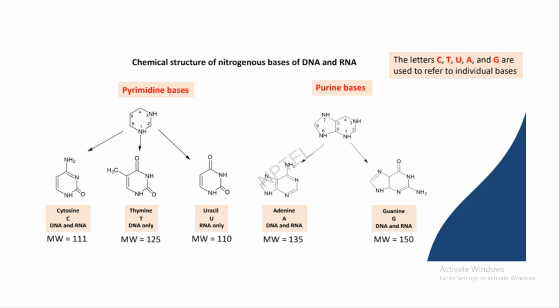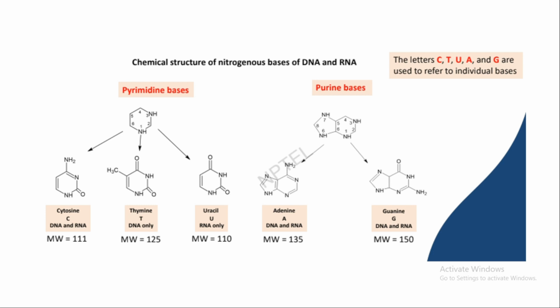So these are the structures of different nitrogenous bases. These nitrogenous bases are connected with the sugar molecules, either ribose or deoxyribose, and then phosphate molecules, and those phosphate molecules are then attached to the next nucleotide, making a phosphodiester bond, and that is how a nucleic acid polymer is made from each nucleotide.